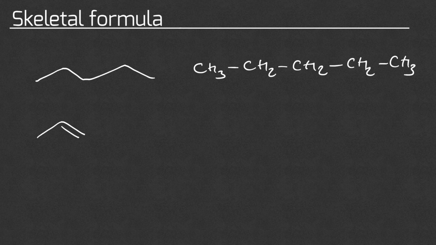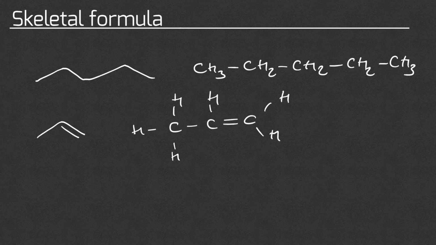We can show double bonds in skeletal formulas as well. So in this case, we've got propene, we've got 3 carbons because we've got 3 points in the diagram, 1, 2, 3. And we can see here we've got a double bond between these carbons. Again, we assume that any bonds not shown in the diagram are to hydrogens.